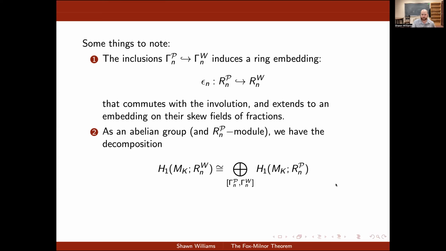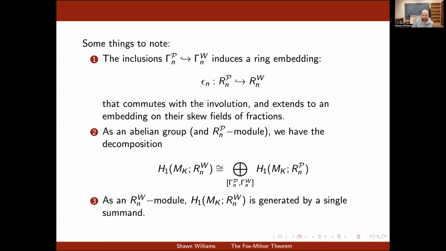of the path components. But what is kind of surprising is that if I view this now as an R_nW module, this twisted homology group with coefficients in R_nW, which decomposes this way, is actually generated by a single summand. So we just need one of these summands to generate the entire module.